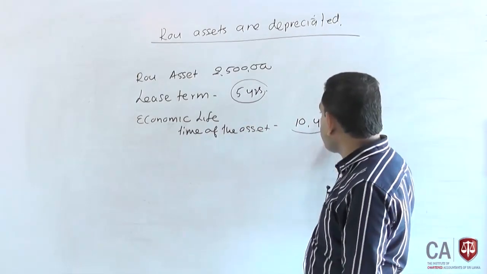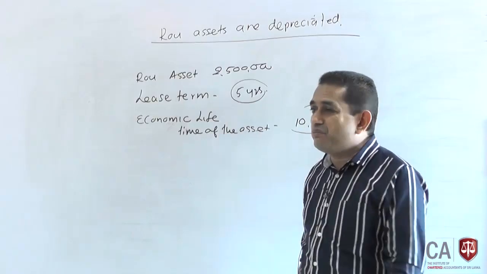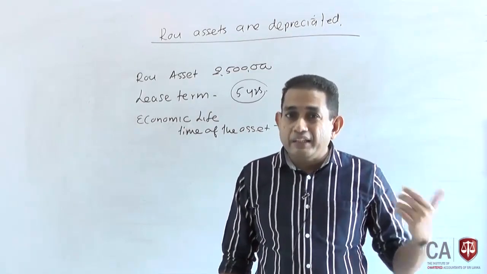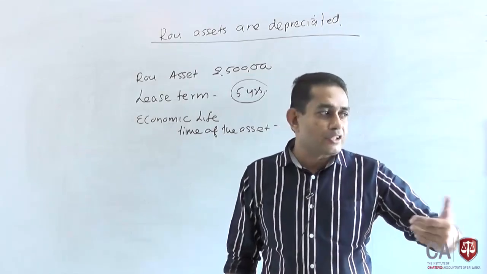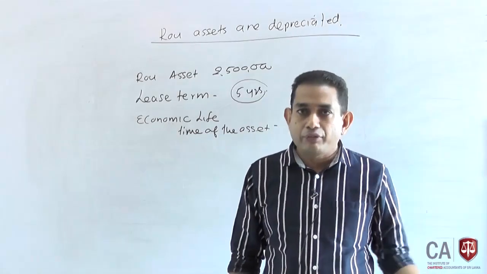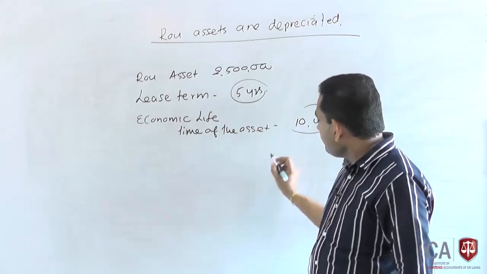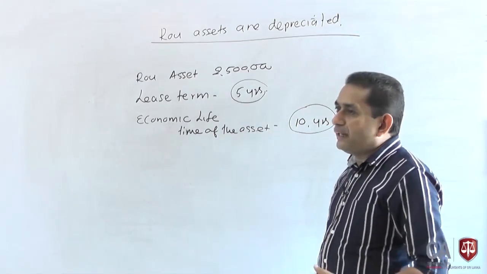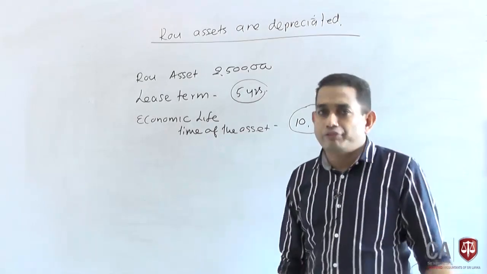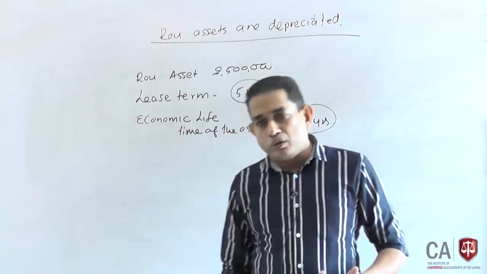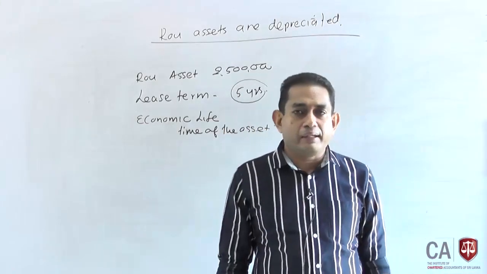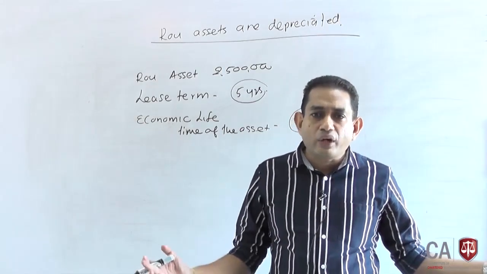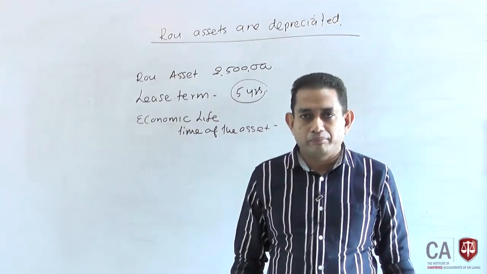10 years. Economic lifetime. Economic lifetime can be different from useful lifetime. Useful lifetime is the period over which an entity expects to use an asset. Say, for example, an asset will live under the sun over 10 years. That is like your lifetime. You will be born in, say, 1990 and you will live for 80 years, and that is your entire economic lifetime.